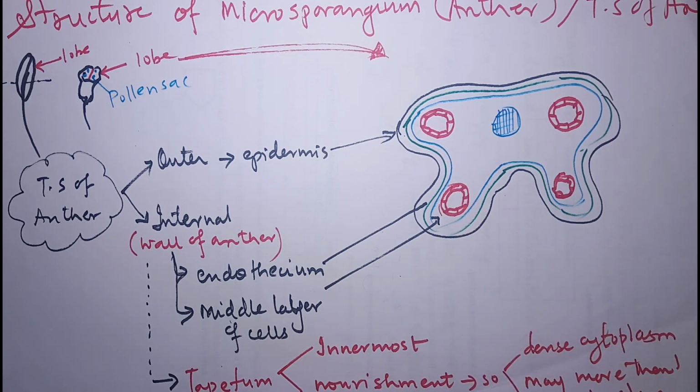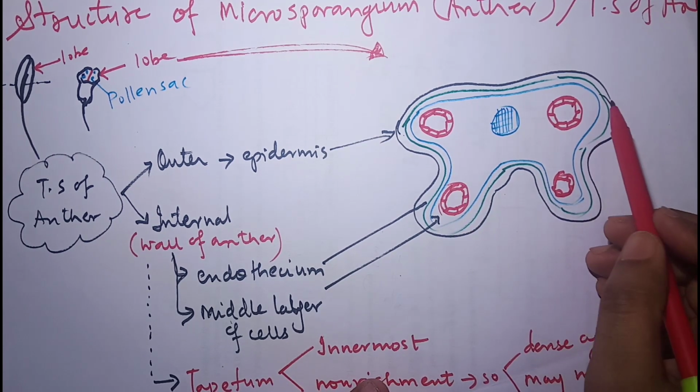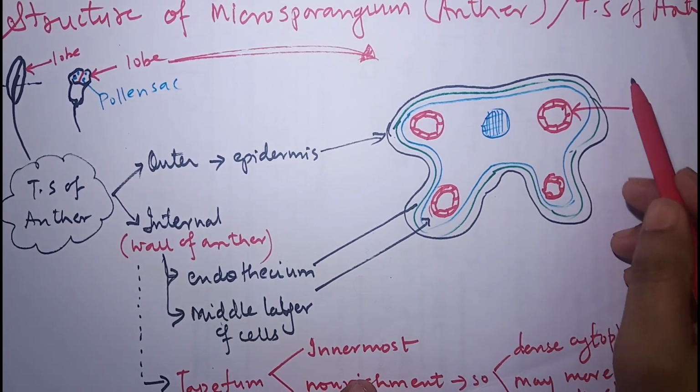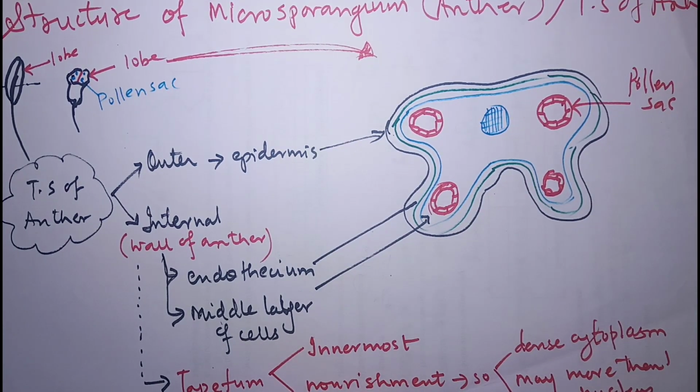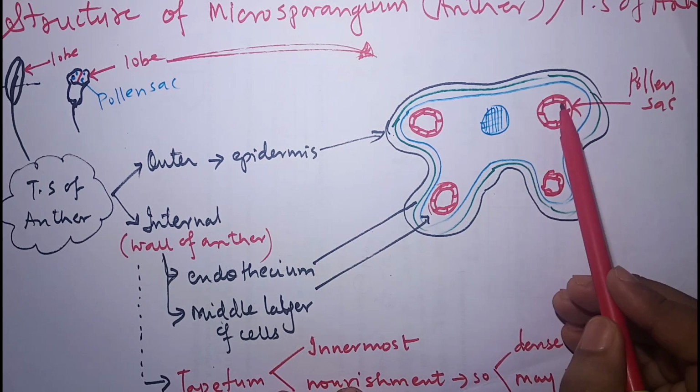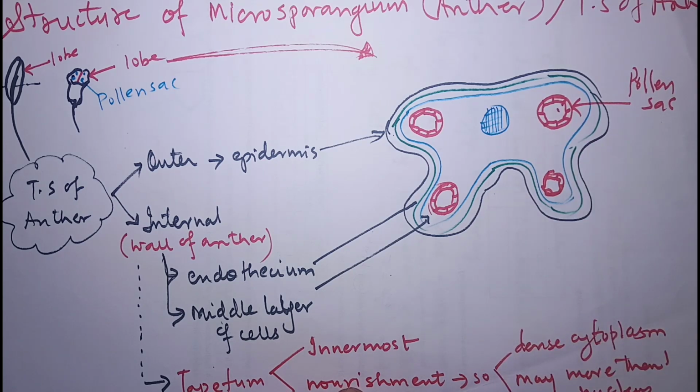Now this pollen sac encloses primary sporangious tissue inside it.